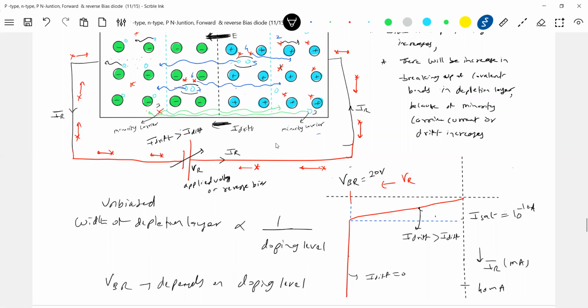At breakdown, there is no question of diffusion current. Here the drift current will be greater than the diffusion current.